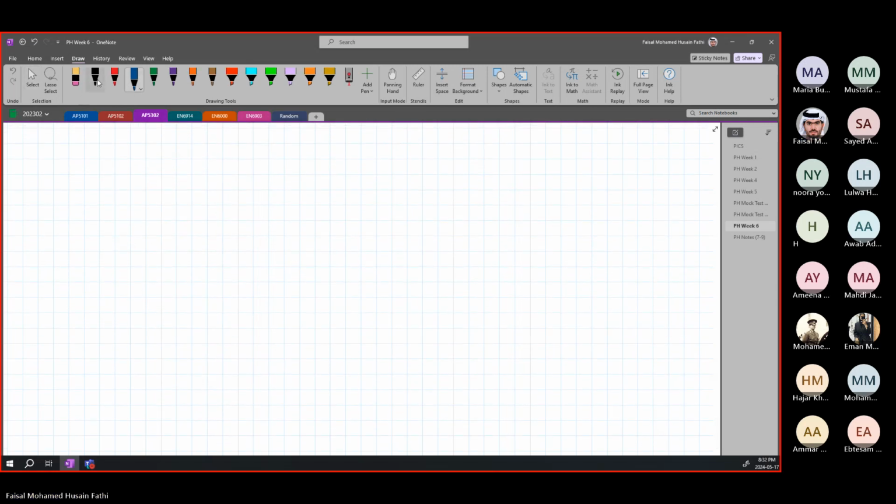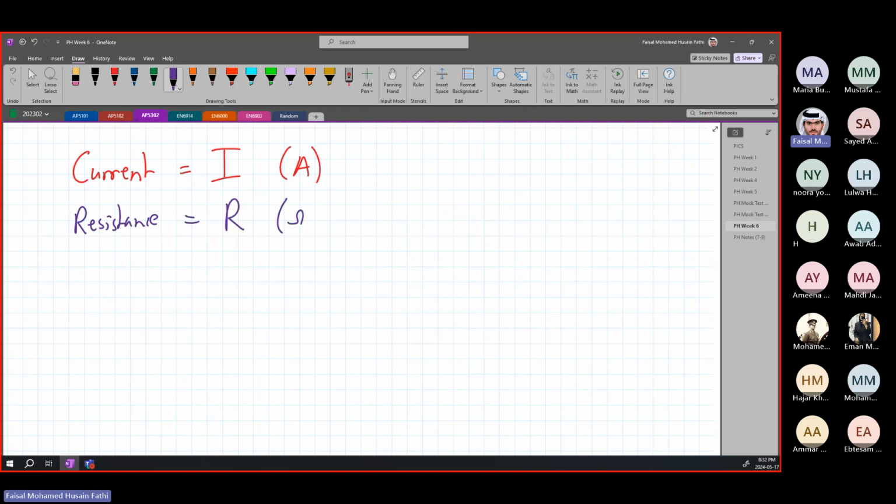So we have defined three things now. We have our current, which is given as I, all right, which is in amperes. We have our resistance, which is our R, which is given in ohms.